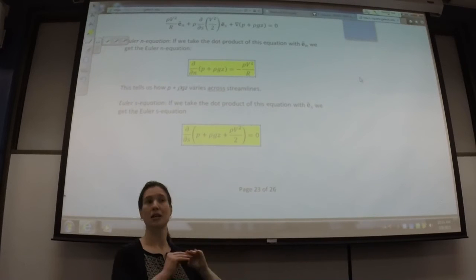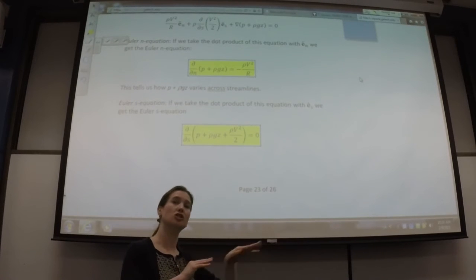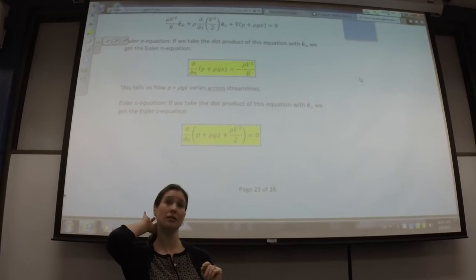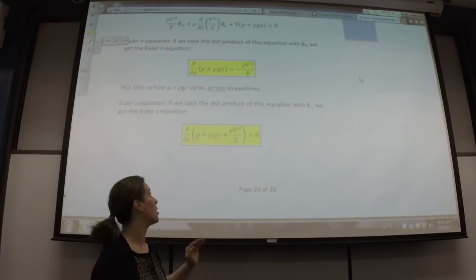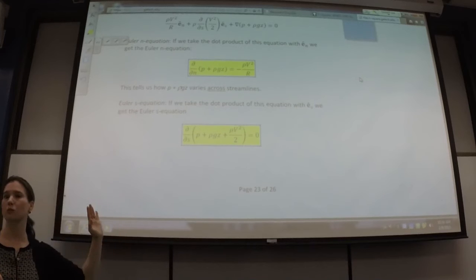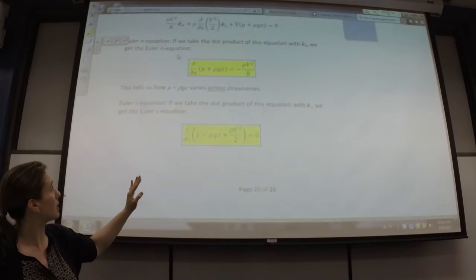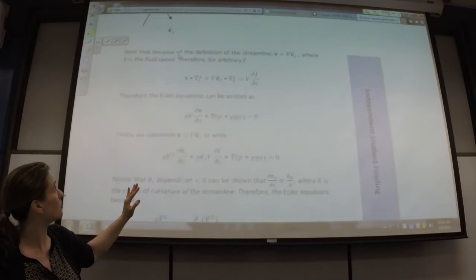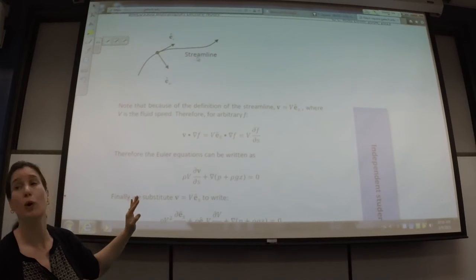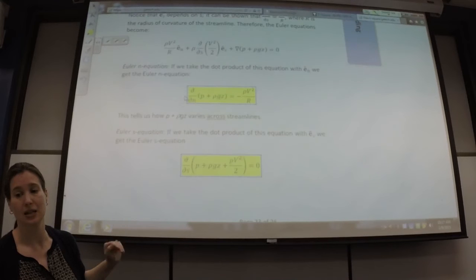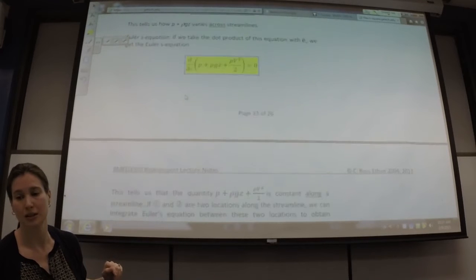So it's like a longitudinal description versus a lateral description in a way. Okay, so that was all sort of independent reading, but I wanted to get us familiar with this idea of streamlines before we step into how we're going to use these N and S equations.